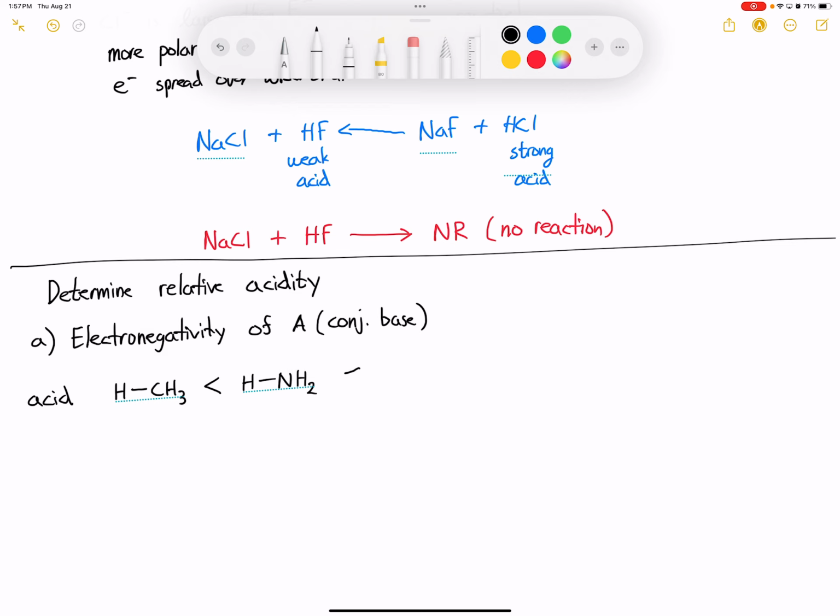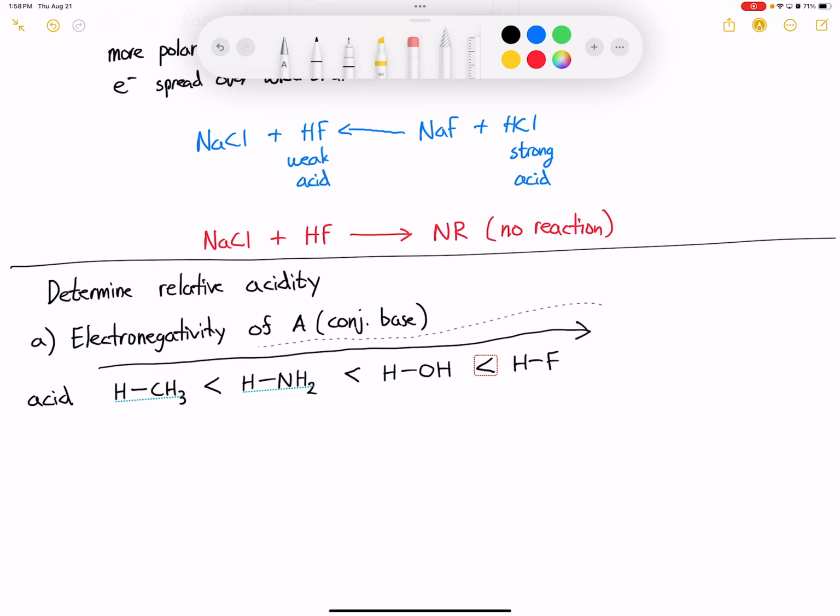And then water can act as a very weak acid, so HOH. And then HF is the last one, okay?